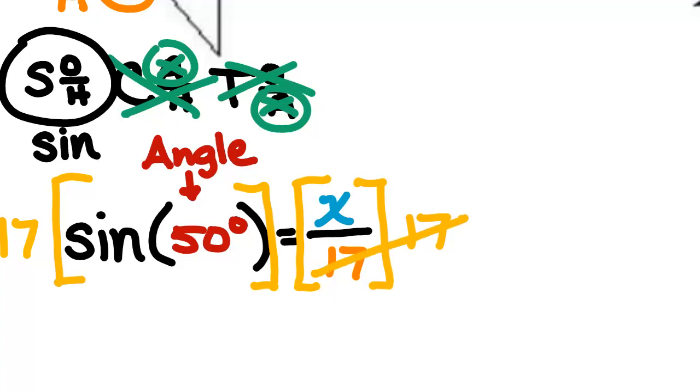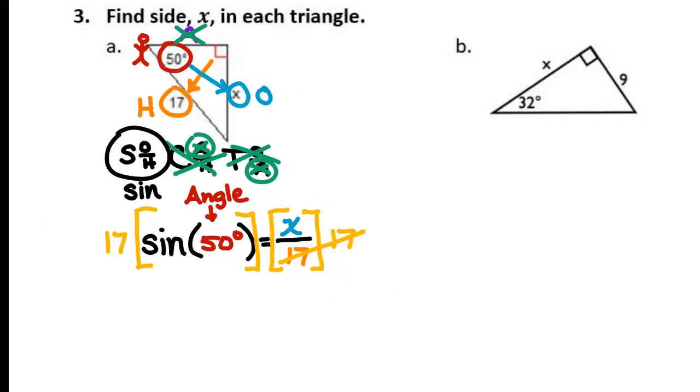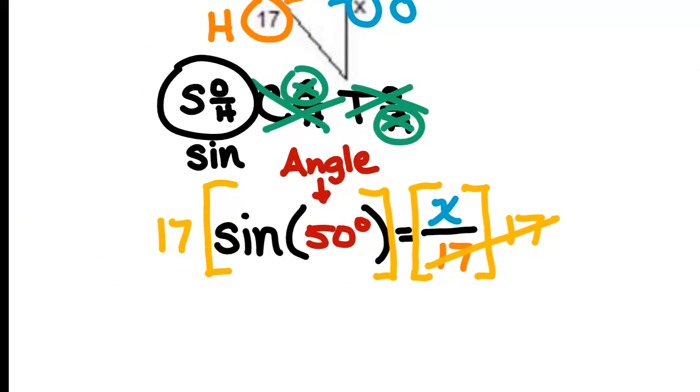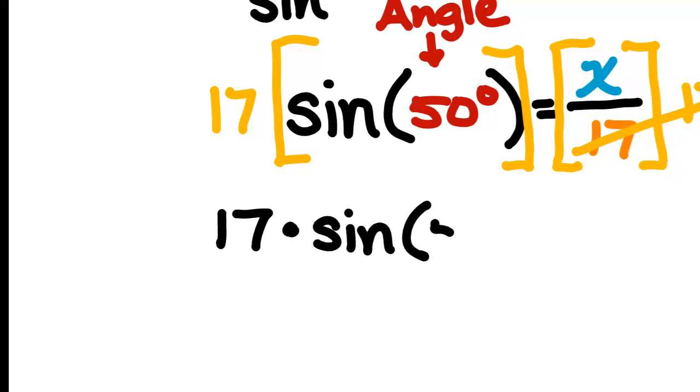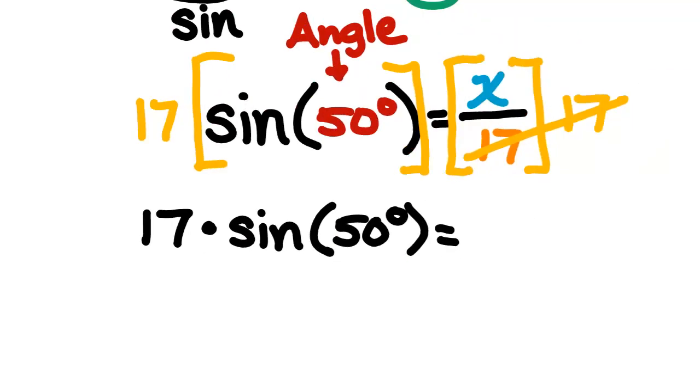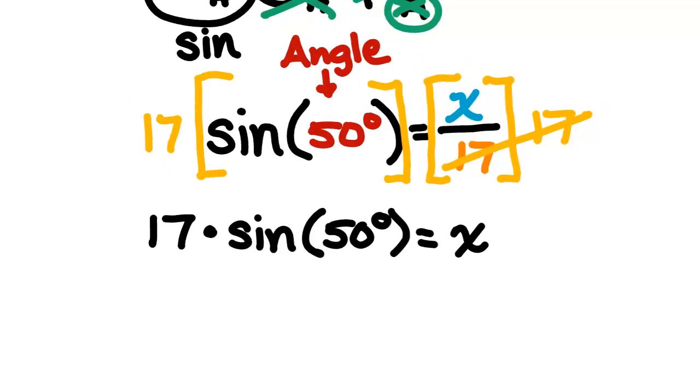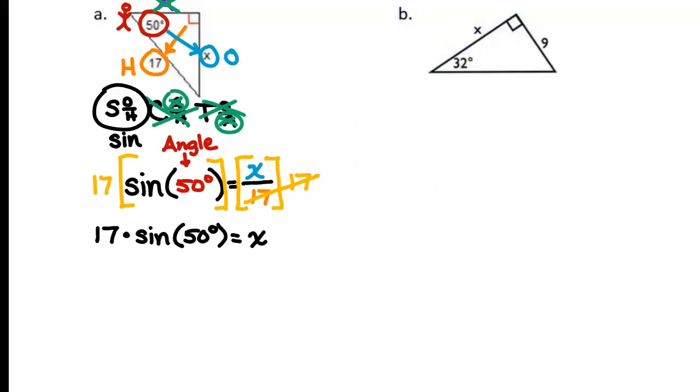So on the right, that cancels those denominators out. On the left, I have 17 times the sine of 50 degrees is equal to x. And now, we're going to pull out our calculators. This is where those yellow calculators come in.